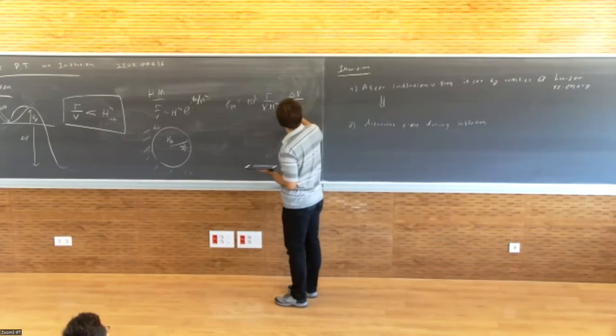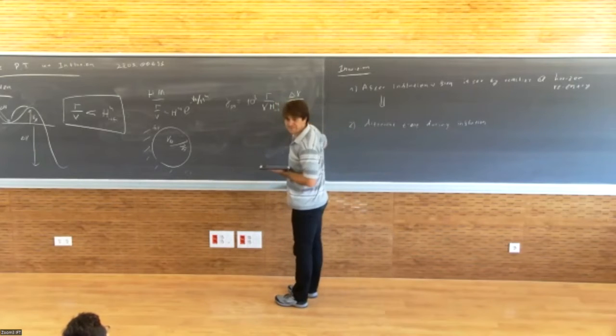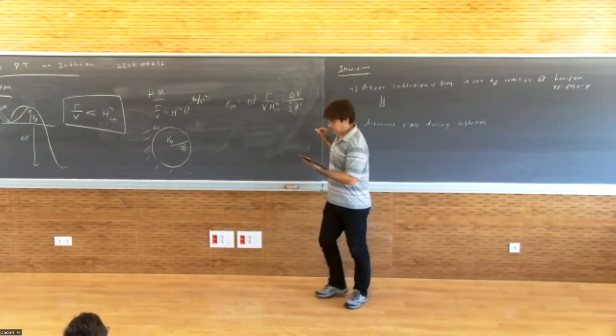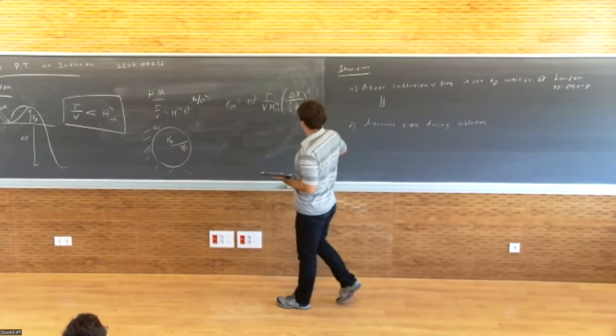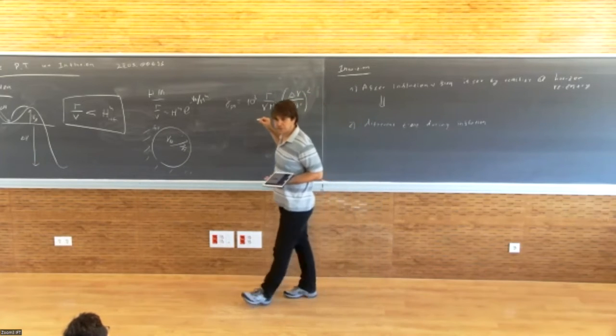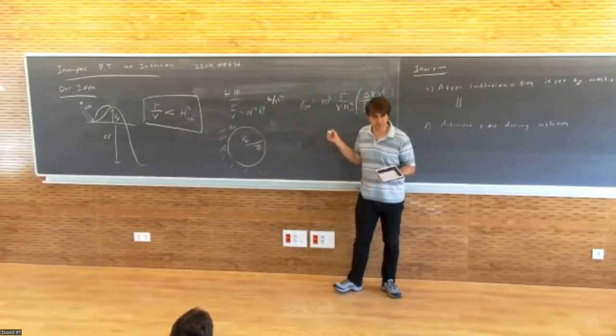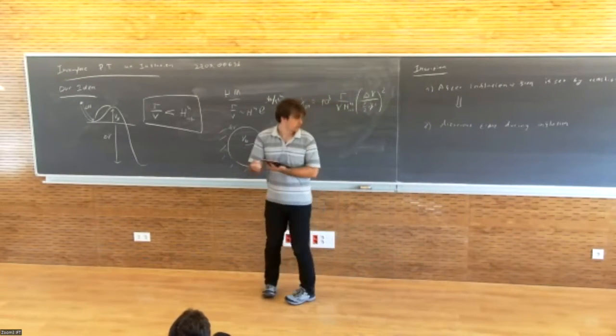So this will be half phi dot squared, where phi is the inflaton, the kinetic energy of the inflaton, and all of this squared. This basically will control the size of the curvature perturbation that's being produced and the gravitational waves, and it's very easy to understand.